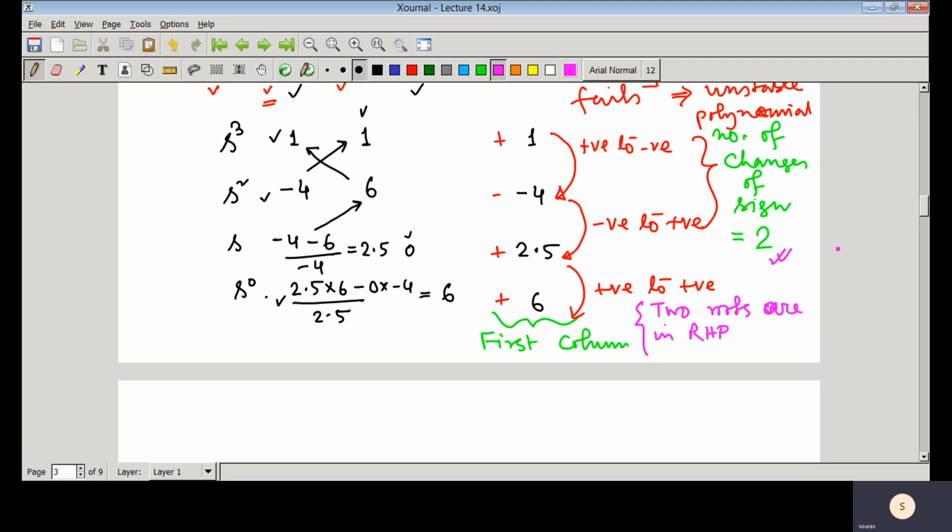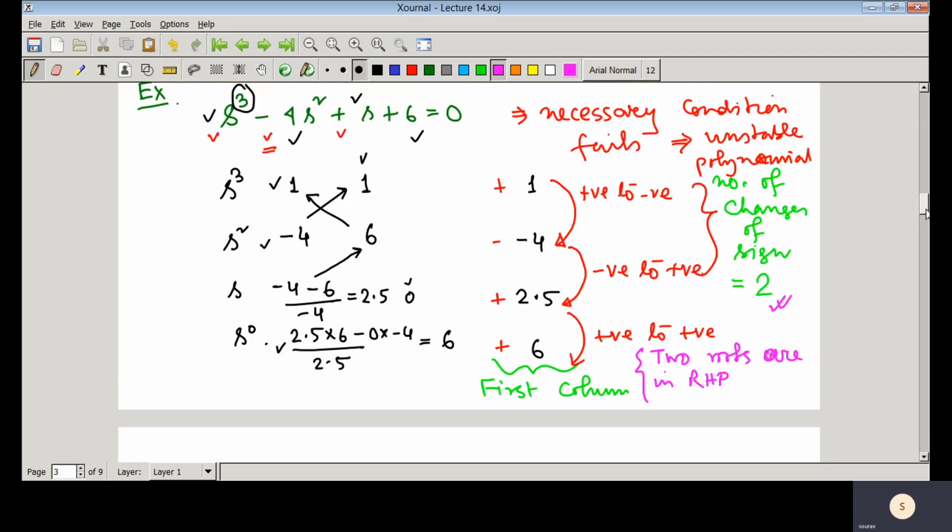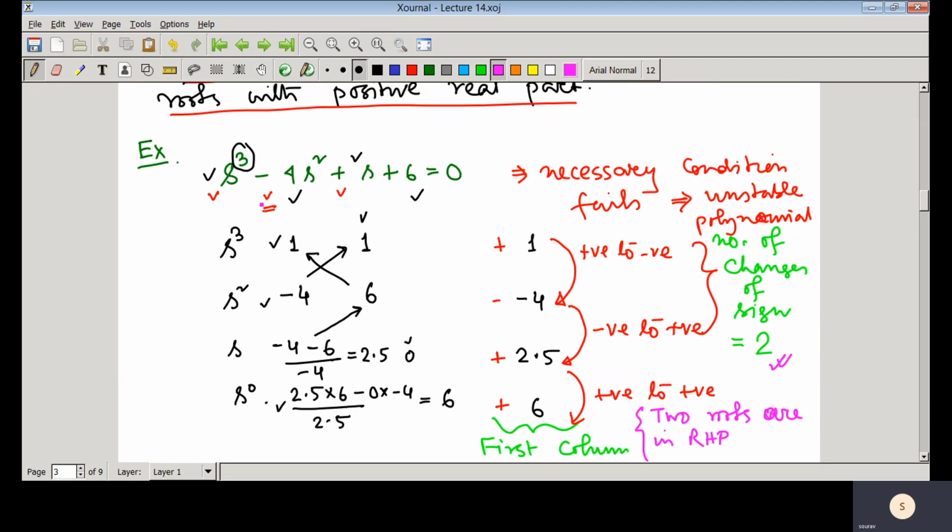As the number of changes of sign is equal to 2, 2 roots are in the right half plane. We can also easily see this by factorizing the polynomial, which gives s minus 2, s plus 1, s minus 3 equal to 0. So one root is 3, another root is 2. So 2 roots are on the right half of the S plane.